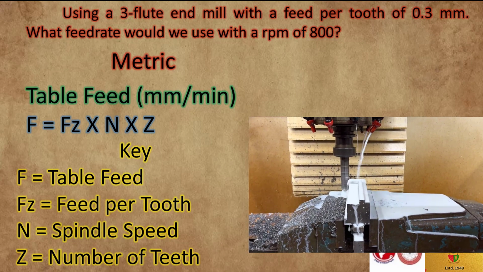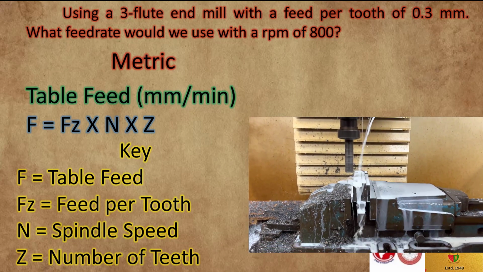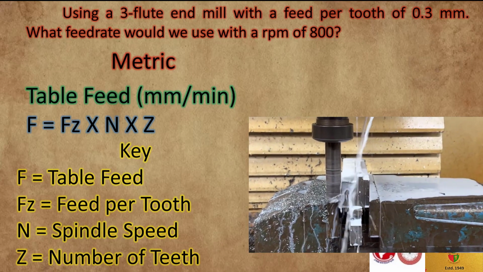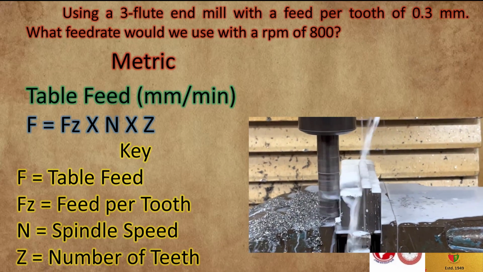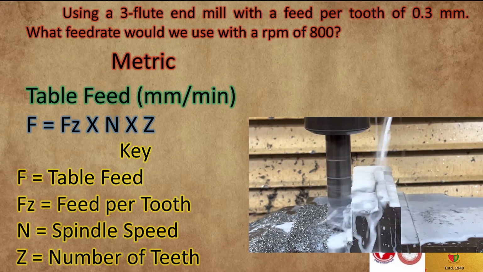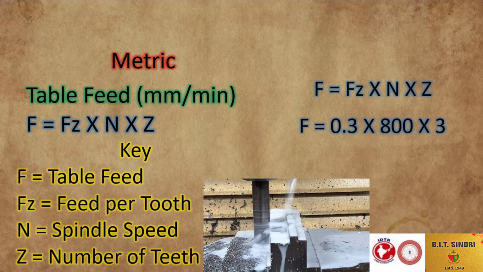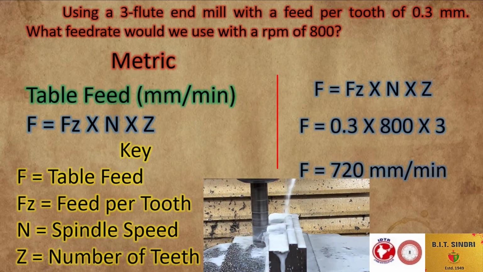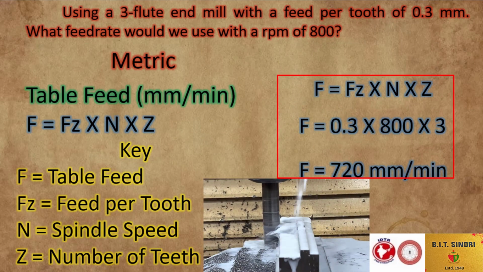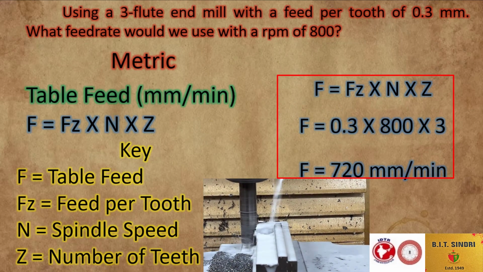So the recommended feed per tooth on the back of our tool packet is 0.3 of a millimeter. So we can times that by our spindle speed. Let us say this time we are cutting at 800 revolutions per minute, and then we would times that by the number of teeth of our cutter.